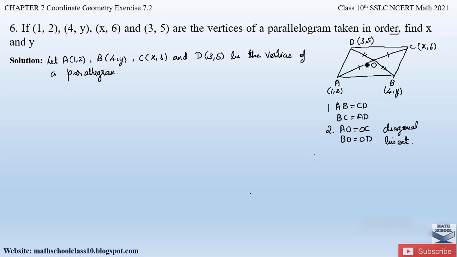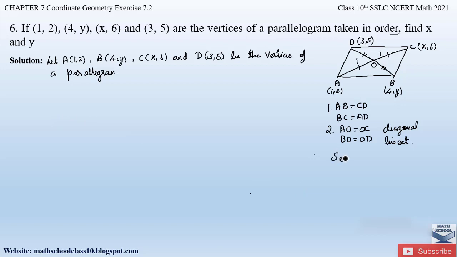As I said, we can apply the section formula here, but we notice that point O is the midpoint of these two diagonals. Whenever a point is the midpoint of a line segment, dividing the line in equal ratio, that is the ratio 1:1, then we can apply the midpoint formula, where the ratios m1 and m2 become 1 and 1. So the section formula reduces to the midpoint formula.